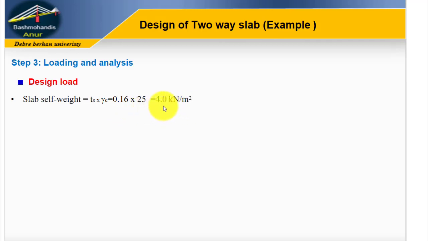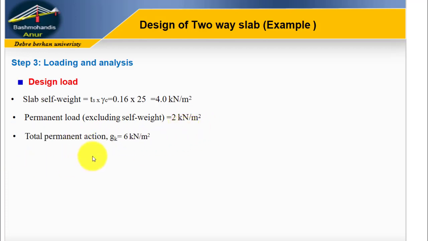Therefore, this equals 4 kilonewton per meter square. Okay. Permanent load excluding self-weight is given, equals 2 kilonewton per meter square. Total permanent action equals adding the slab self-weight and permanent load. This equals 6 kilonewton per meter square.